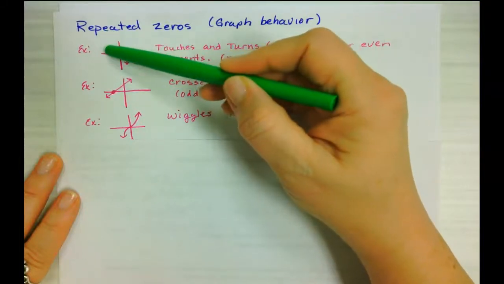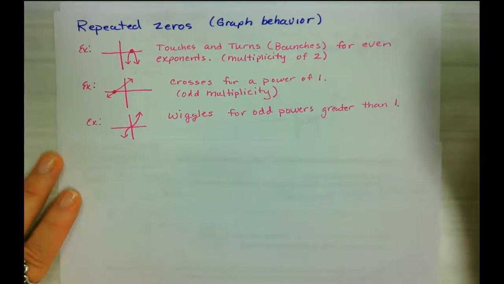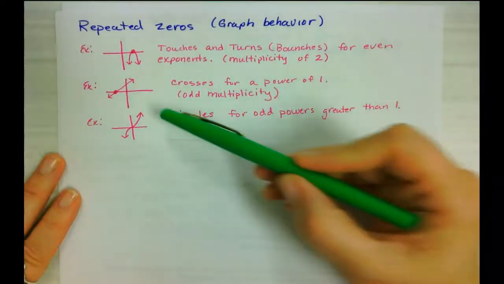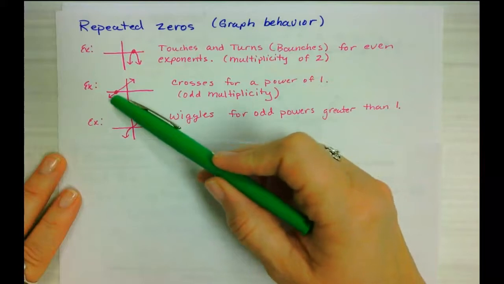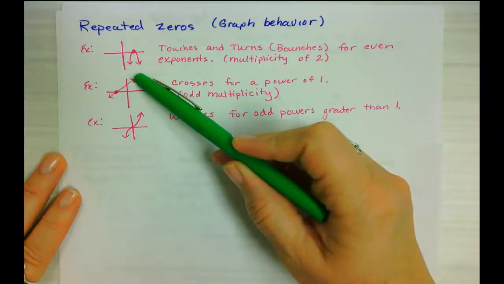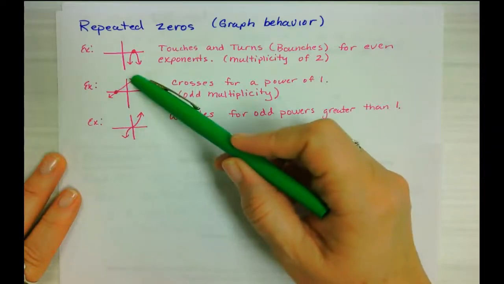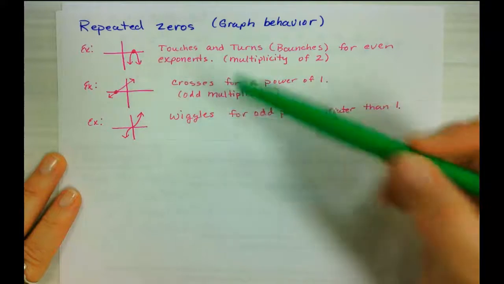It could be up here, touch the x-axis and go back. But that's what we say a bounce is, and that's what happens when there is a multiplicity of 2 at a specific root. When there's a multiplicity of 1 at a specific root, it's going to just cross straight through like a line, which, all lines have x to the power of 1, so that kind of makes sense. So this is an odd multiplicity of 1, so you would say m1.